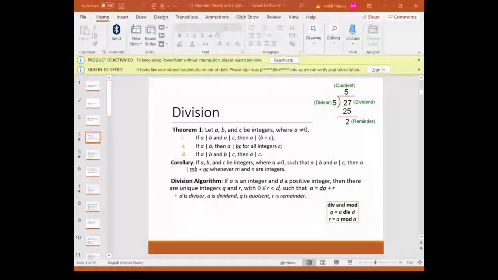So m and n are any two arbitrary values, but they have to be integers.